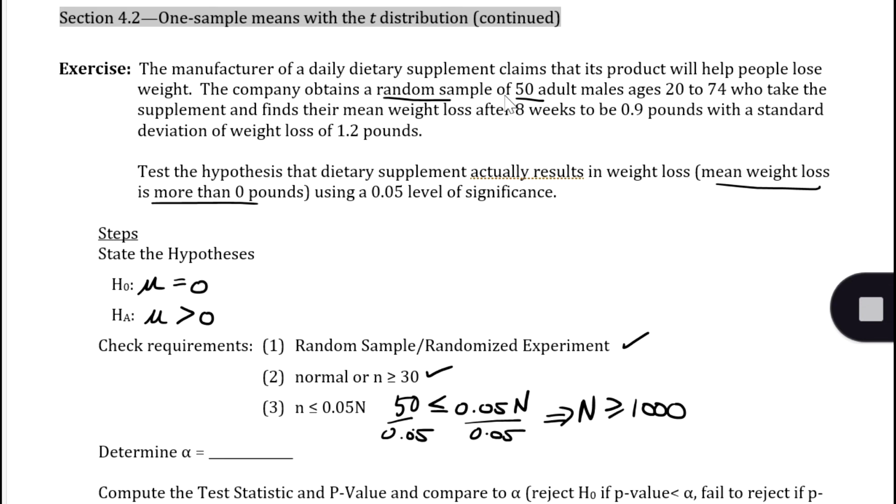My sample is of 50 adult males aged 20 to 74 who take the supplement. So my population would be all adult males aged 20 to 74 who take the supplement.